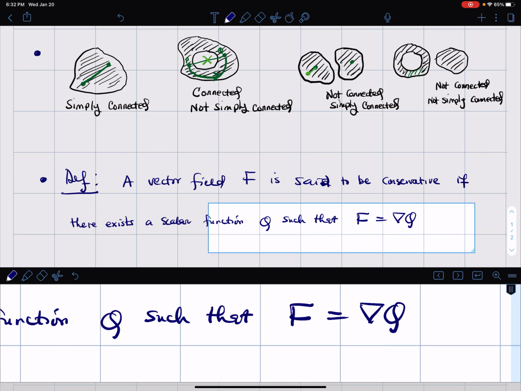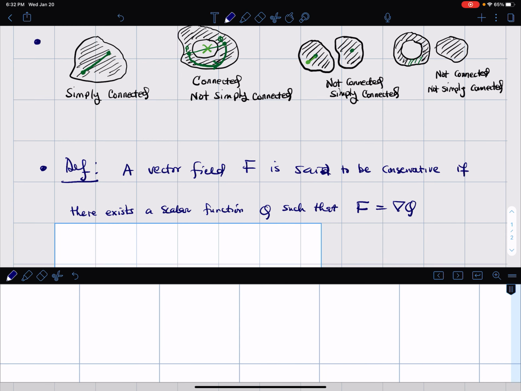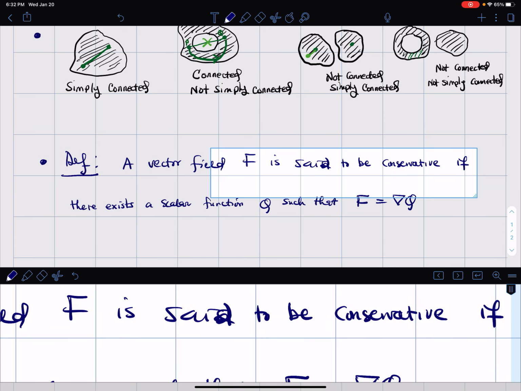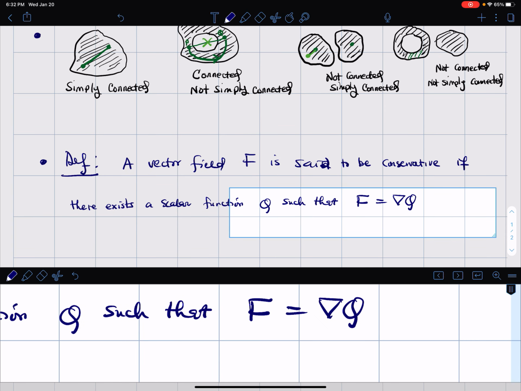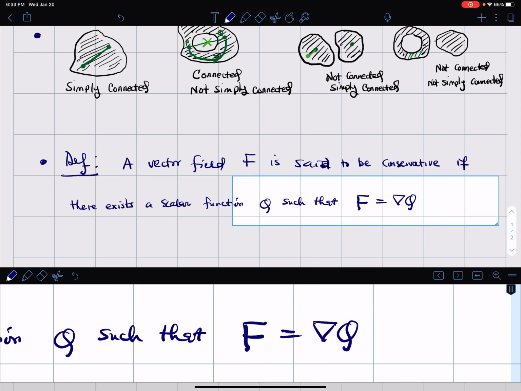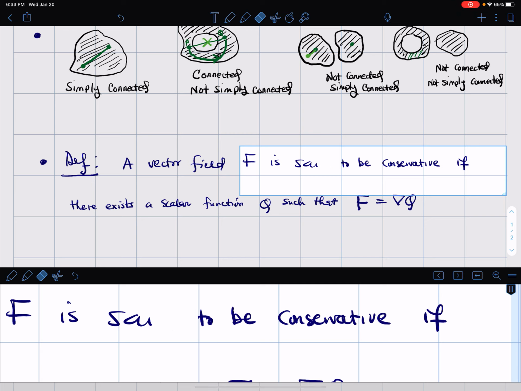Okay. I think we encountered such a thing before. If F is a gradient field, then it is conservative. Okay.